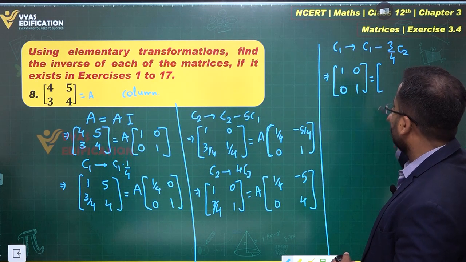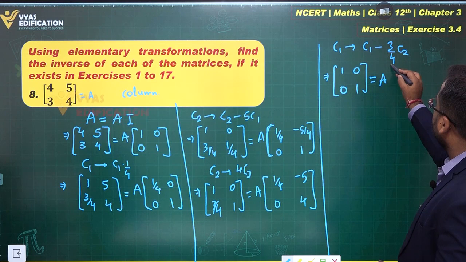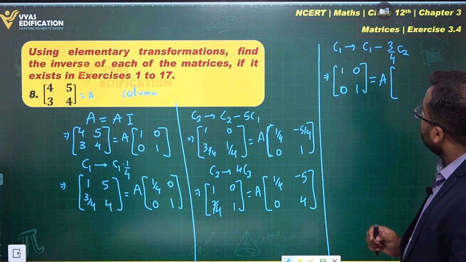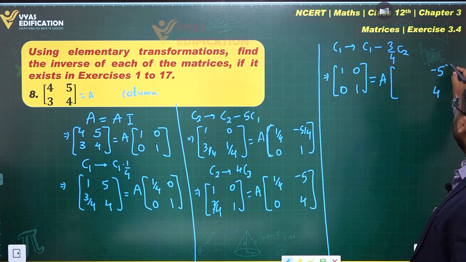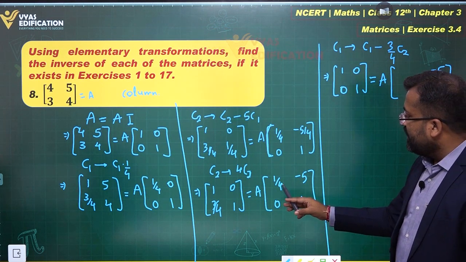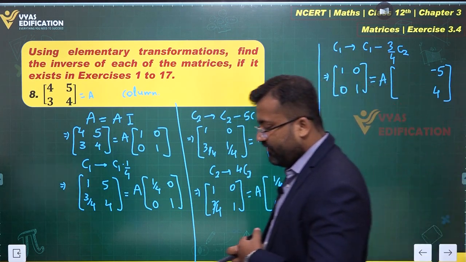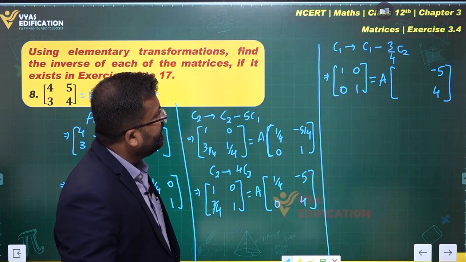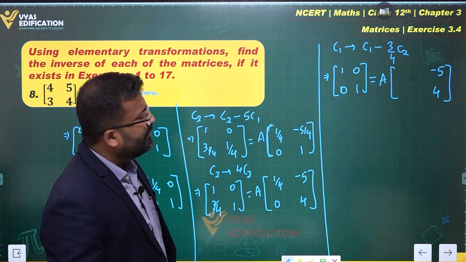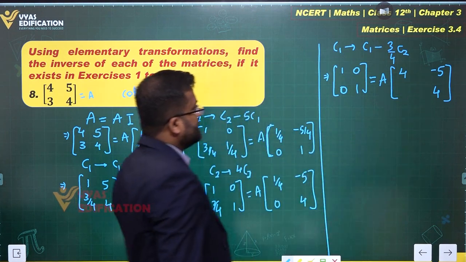Which is equal to A times this matrix over here. C2 remains as it is, this is minus 5, this is 4. And what you have in C1 is 1 by 4 minus 3 by 4 times this. 1 by 4, minus minus will become plus. 5 times 3 by 4 is 15 by 4. 1 by 4 plus 15 by 4 is 16 by 4, which is 4.